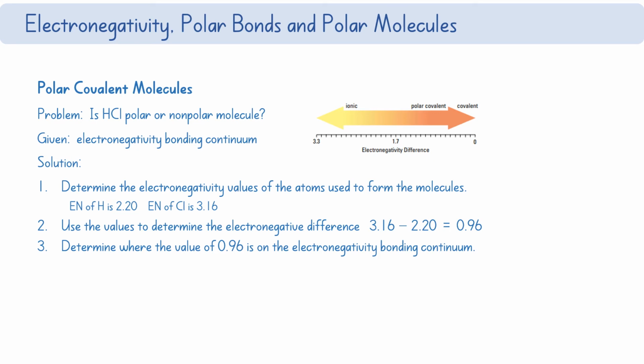To find out, we're going to determine where the value of 0.96 is on this continuum. There's 0.96, and that's in the polar covalent region. So the value of 0.96 indicates that this molecule is polar covalent. One end slightly positive, one end slightly negative.